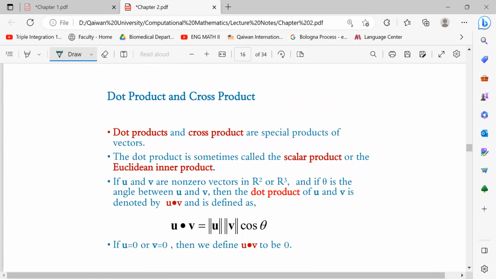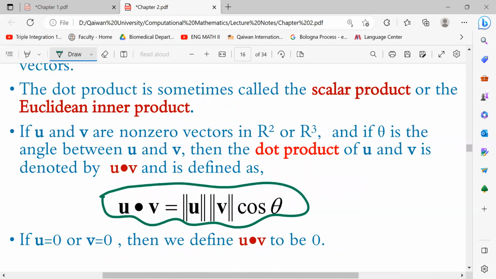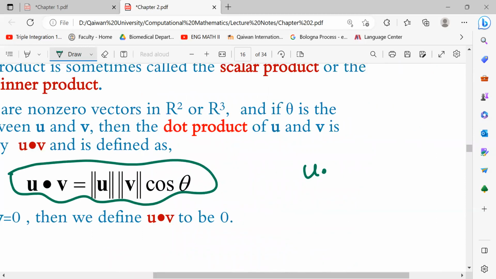Then we have two products, dot product and cross product of two vectors. If the angle between the vectors is given, we use this rule for finding the dot product of the vectors. Dot product of U and V, here we get a scalar.